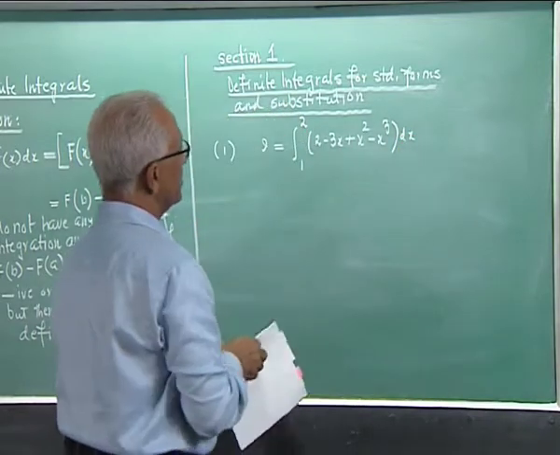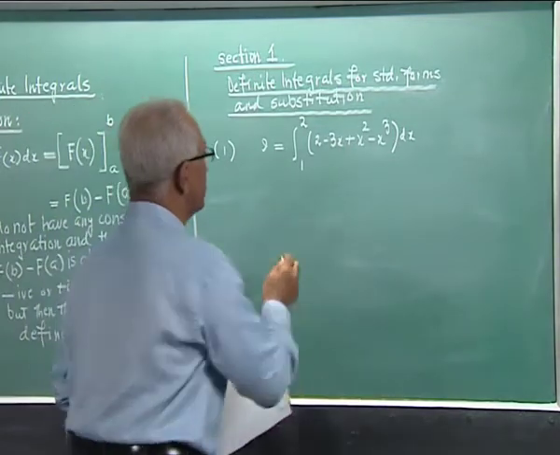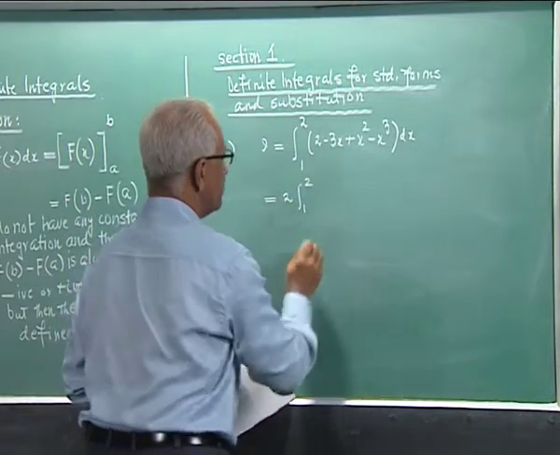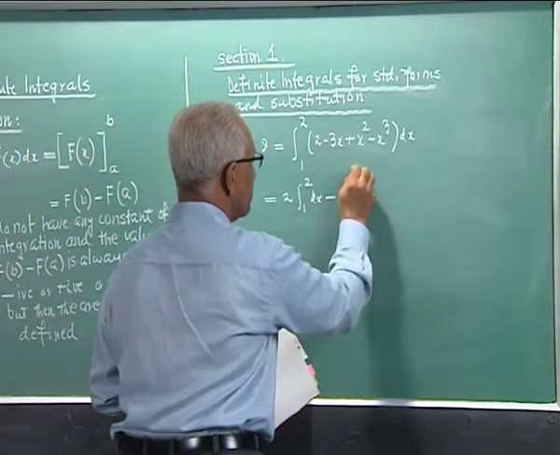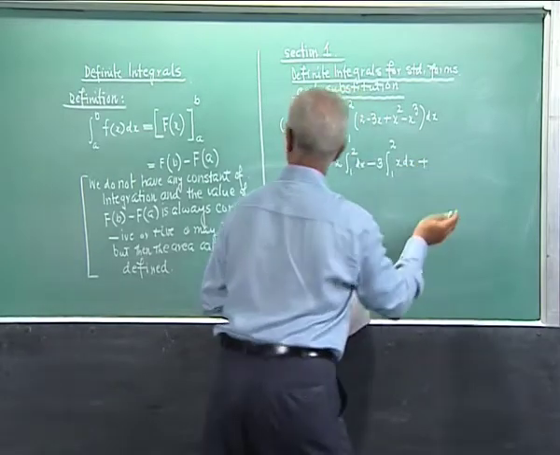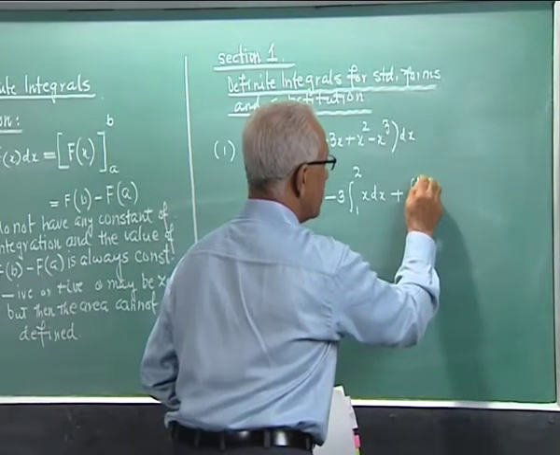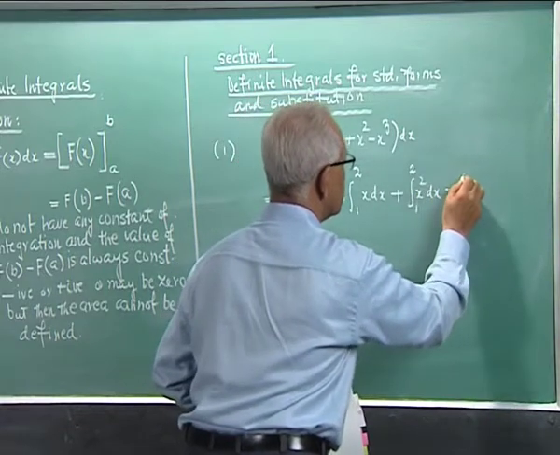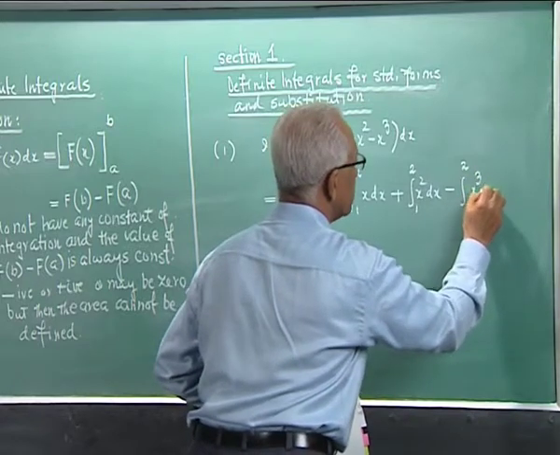All the rules and formulae remain the same, term by term integration. 2 outside, this will be the integral from 1 to 2 of dx, minus 3 outside, the integral from 1 to 2 of x dx, plus the integral of x square dx from 1 to 2, minus the integral of x cube dx from 1 to 2.